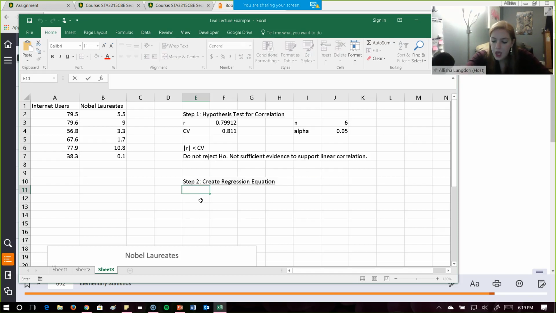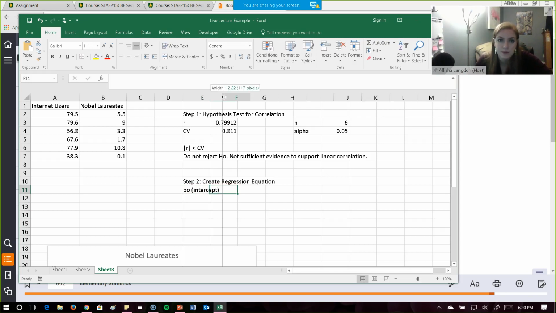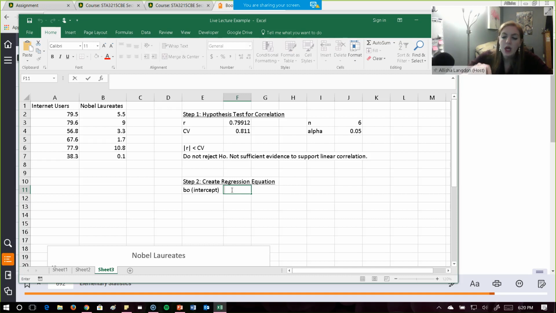Okay. So the first thing that we need to find is b0, which is our intercept. If you need to, you can write in there that's my y-intercept. Now remember, this is the one where I told you to be careful, because look at what they tell you to insert.